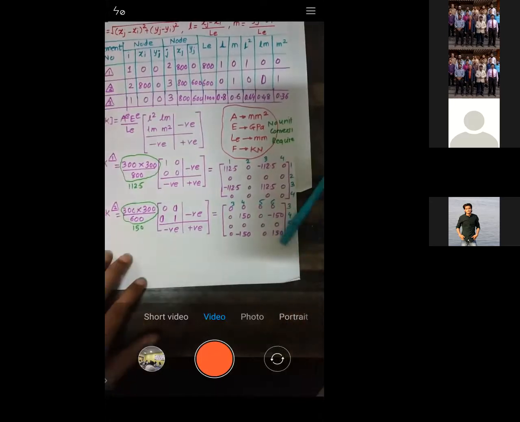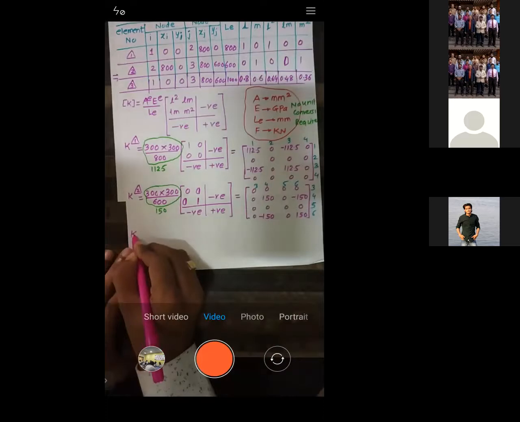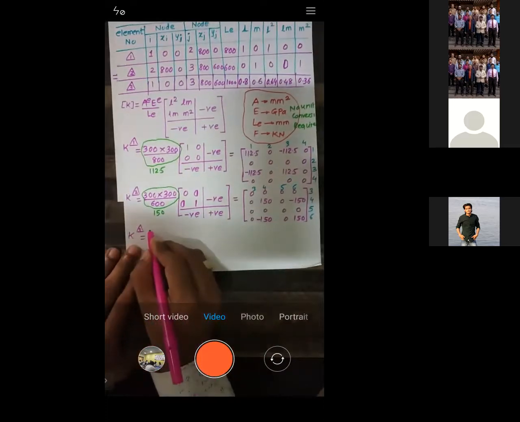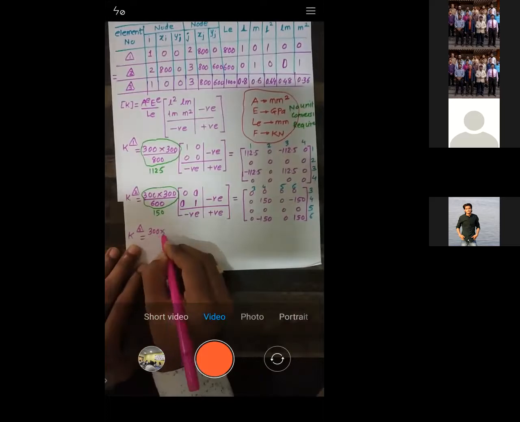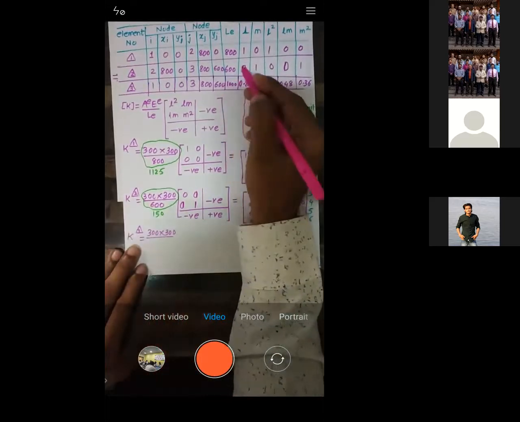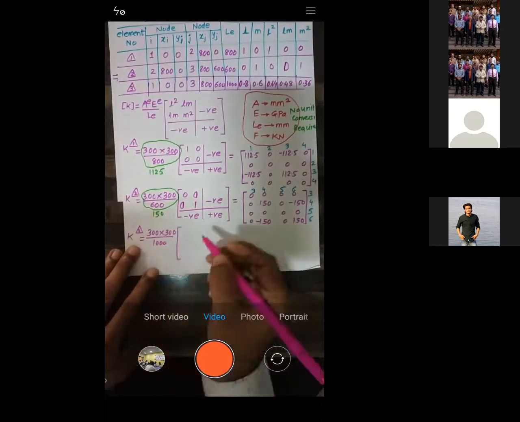Right? Now let us write down a similar sort of matrix, the stiffness matrix, for element number 3. Similarly, A is the same, E is the same. The length of element number 3 is 1000, into L square.